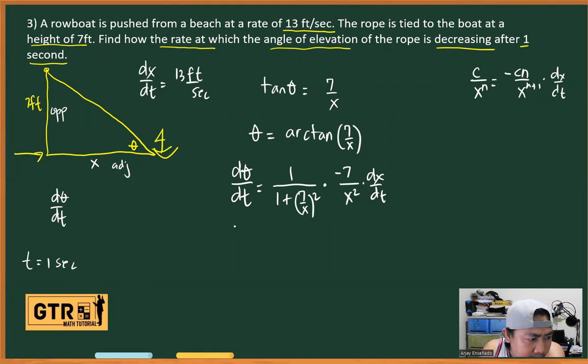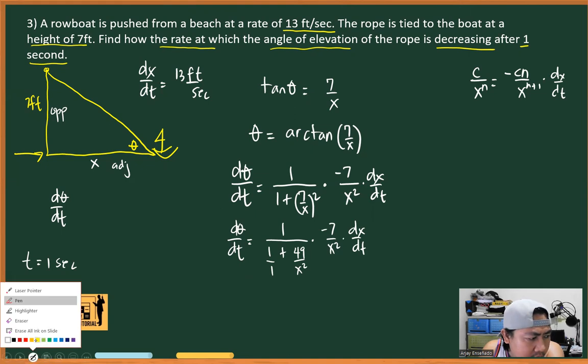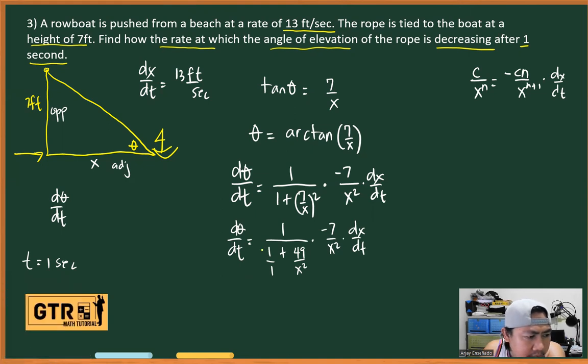So simplify natin. So shortcut na lang siguro natin. So d theta over dt. So simplify natin to. So we have 1 over 1 plus 7 squared over x squared, so that is 49 over x squared. So we have x squared times negative 7 over x squared times dx over dt. So ito simplify natin. Pwede tayong gumamit ng butterfly dito. So para madali na yan, butterfly natin to. Cross multiply and then multiply din ito. So makakancel yung x squared dyan.